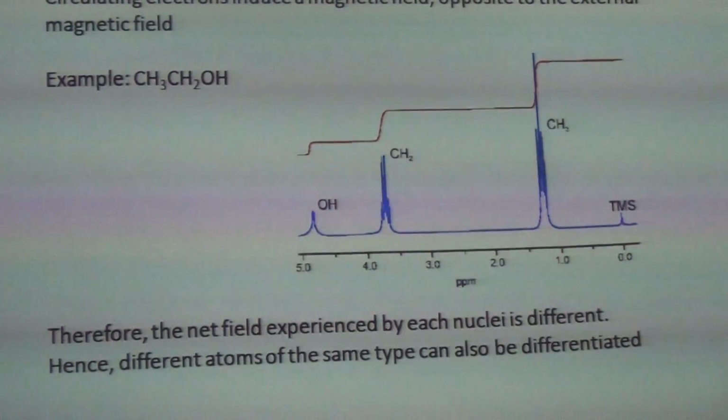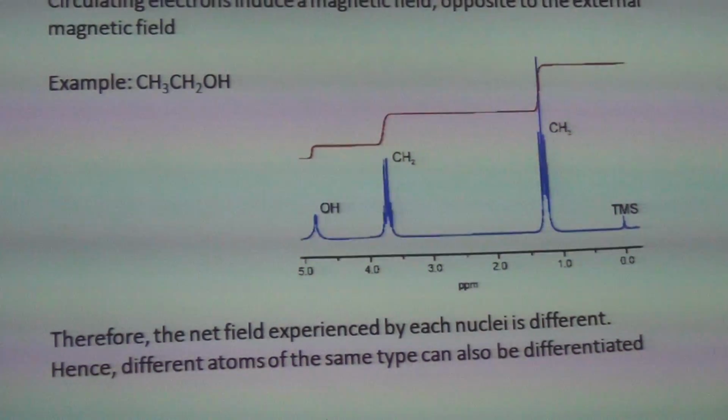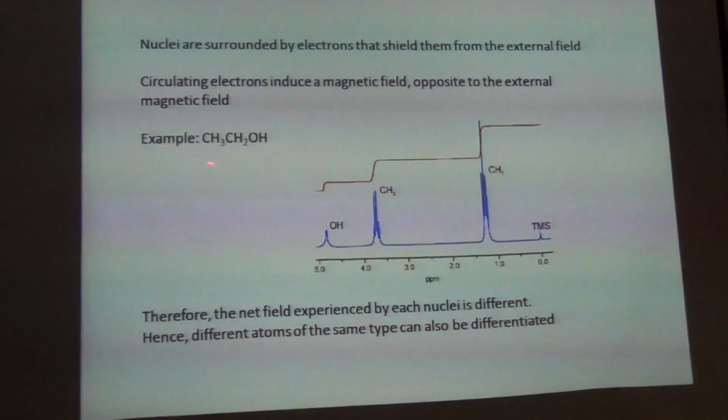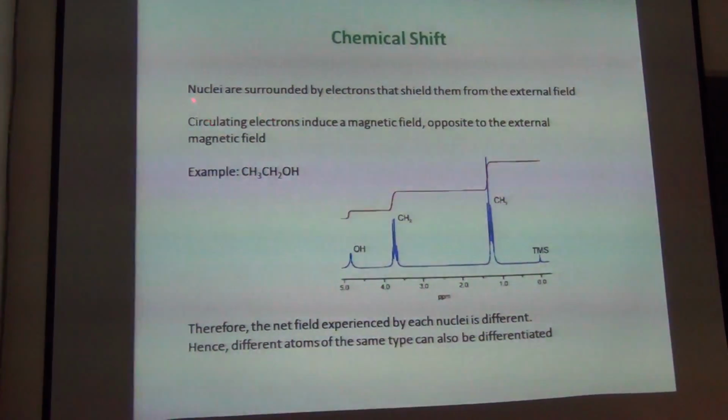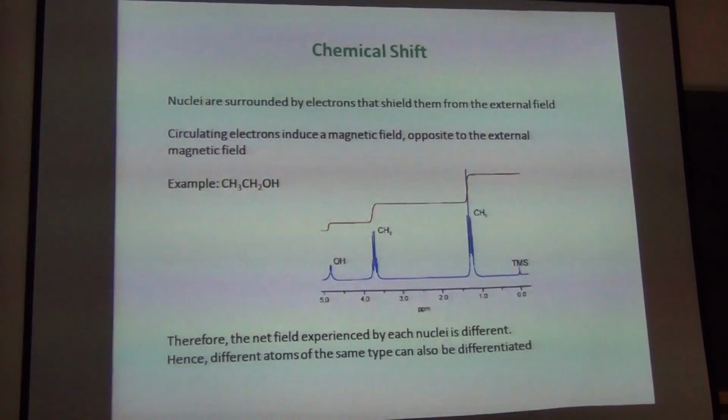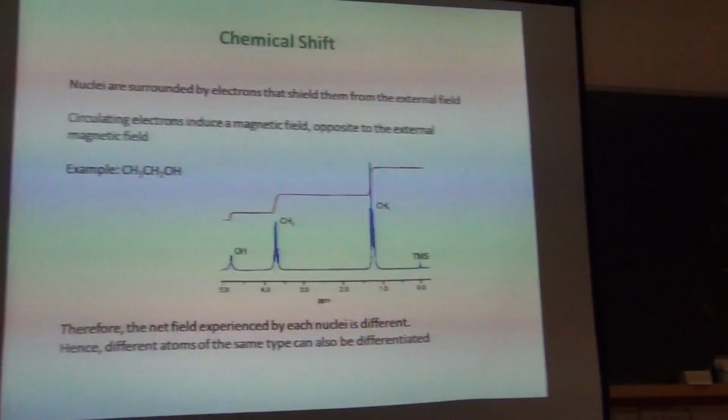By this property, we can differentiate between nuclei of the same type, because of the different electron density they have around them. So this is where NMR is able to provide you atomic level information.